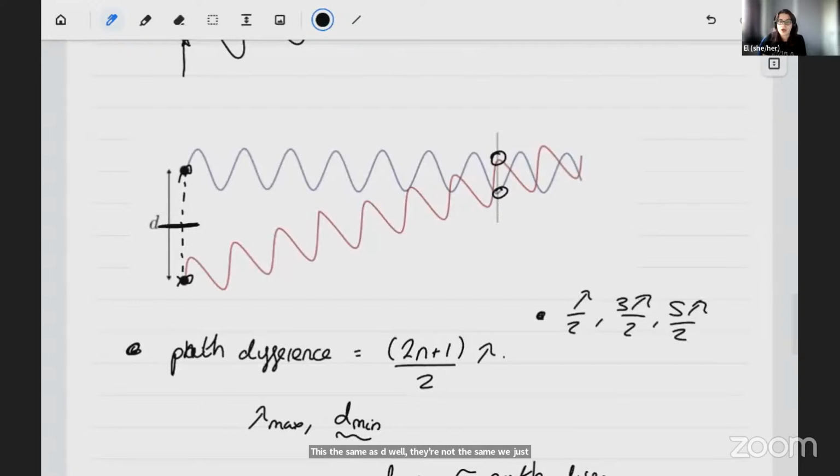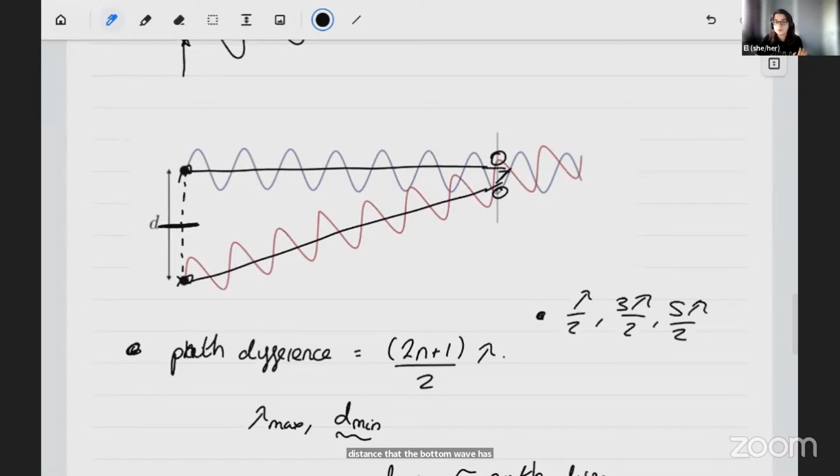We're just going with the same order of magnitude, because if we were to try and work out this distance that the top wave has traveled versus this distance that the bottom wave has traveled to get to this point, if I just call this x1, and we call this x2, we would do some Pythagoras to work out what D is in terms of the path difference.